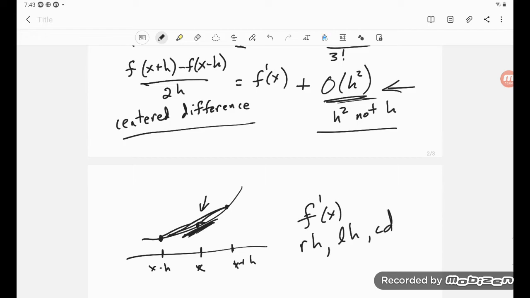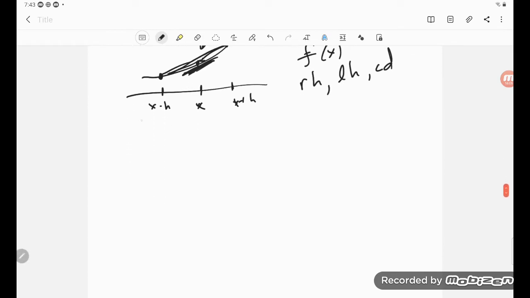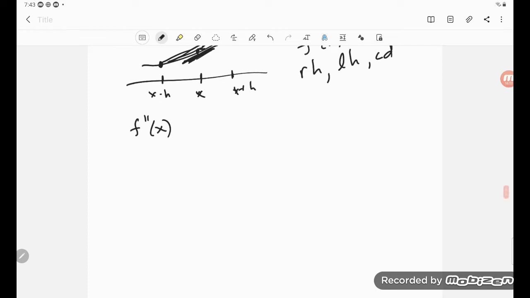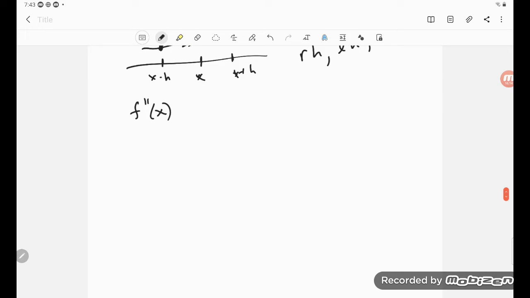All right. Now let's look at f double prime of x. Same idea.